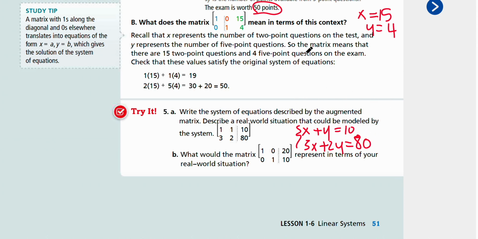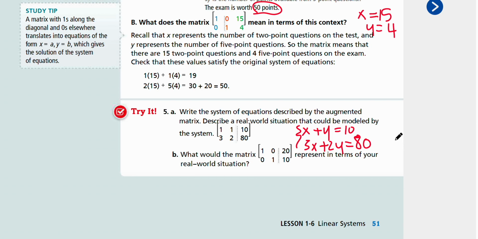If you want to give something similar to example 5, you can say something like, there are 3-point questions and 2-point questions in the exam. The total number of questions would be 10 questions, but if you add all the points, it will be worth 80 points. Or you could give another example, okay?